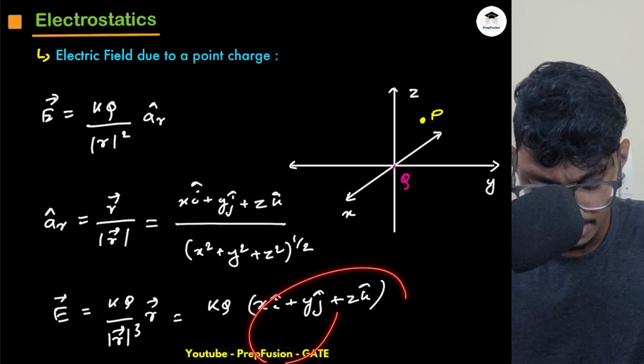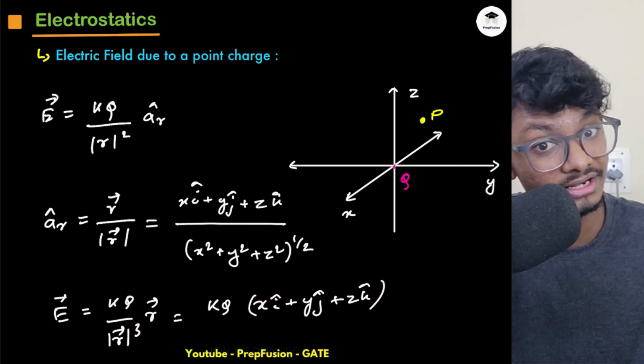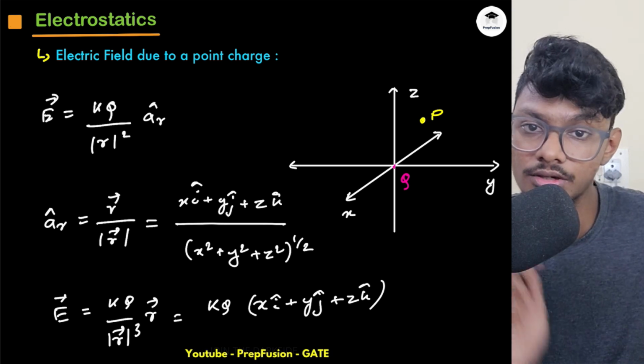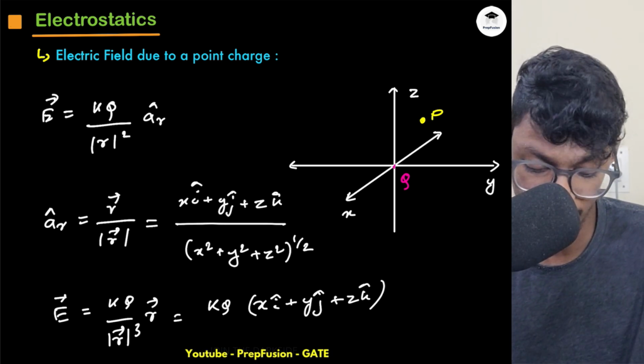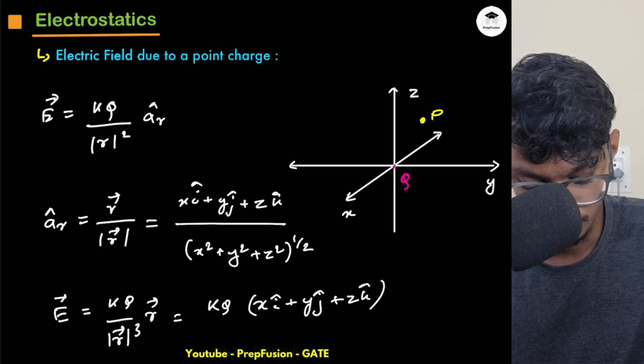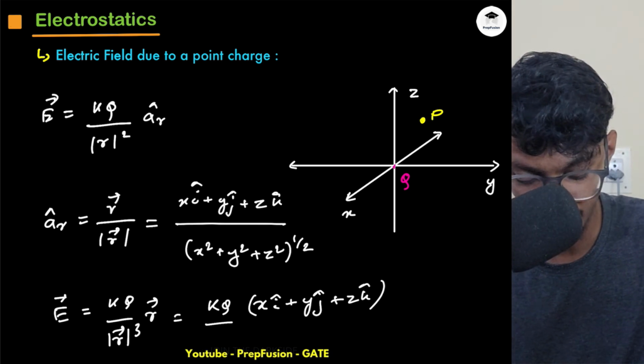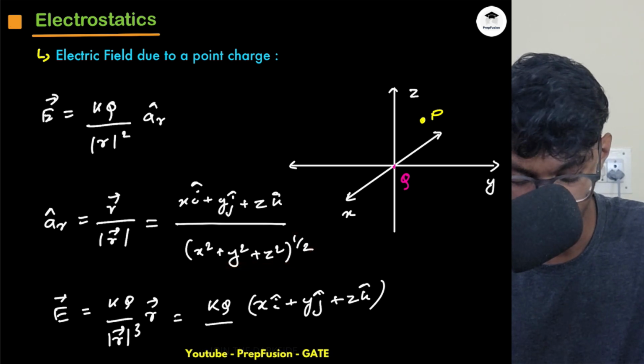Do you notice one thing? That R vector actually has all the information about x, y and z that I taught you during unit vector conversion for the spherical coordinate system. So that's why for position vector I only need R vector, AR cap. This will be divided with the magnitude of R, which is this under root. So I will take the cube as well.